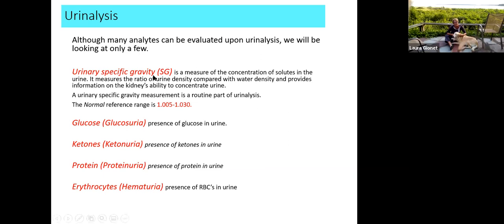The normal reference range is 1.005 to 1.030. The results can go a little higher than that and lower than that, but the normal range is 1.005 to 1.030. It's comparing it to water that is 1.000, just one.